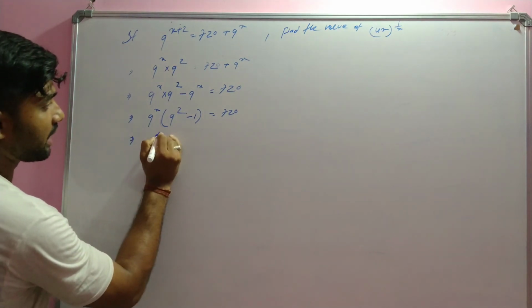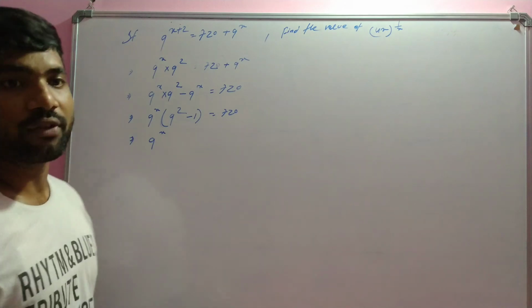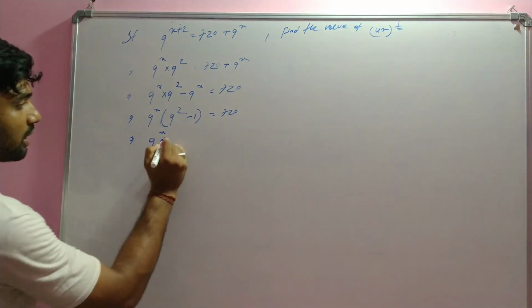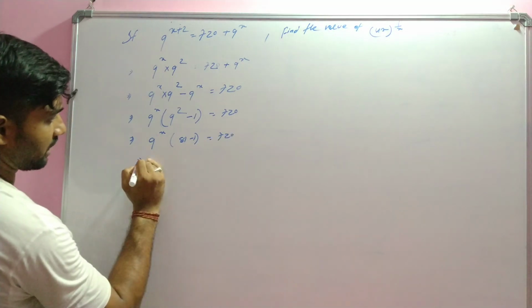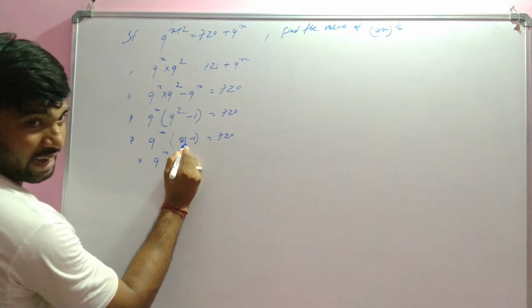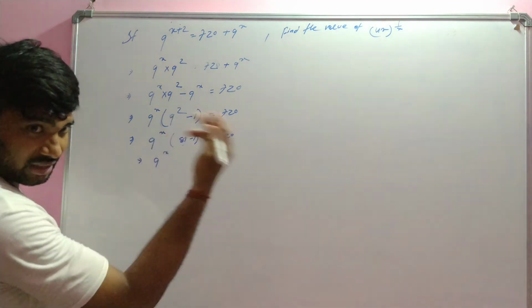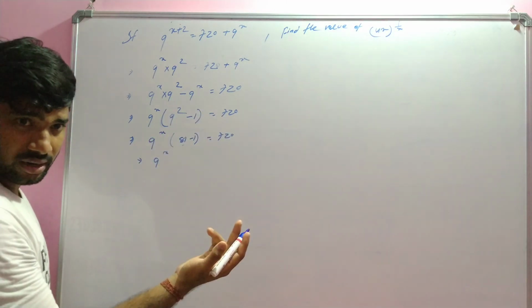So 9 to the power x equals, what is the square of 9? 81, 81 minus 1 is 80, equal to 720. That means 9 to the power x into 80 equals 720. If you move it to the other side, it will be divide.